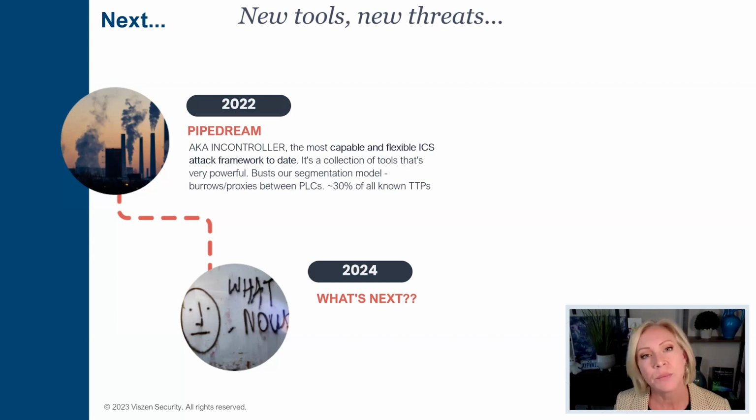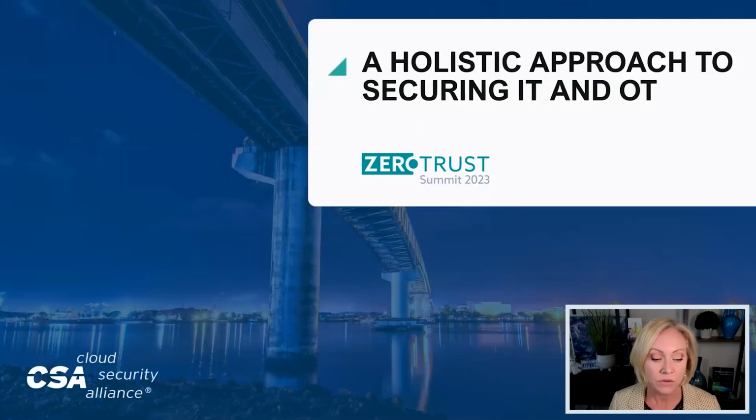But a lot of the things that we do in critical infrastructure and in OT and cyber physical systems is we segment, we monitor certain things, and certain combinations of this tool set will evade those tools and evade that visibility and those control points. So we don't really know what's going to be happening next. But what we do know is that we have to take a little bit more holistic approach to address OT along with our IT systems.